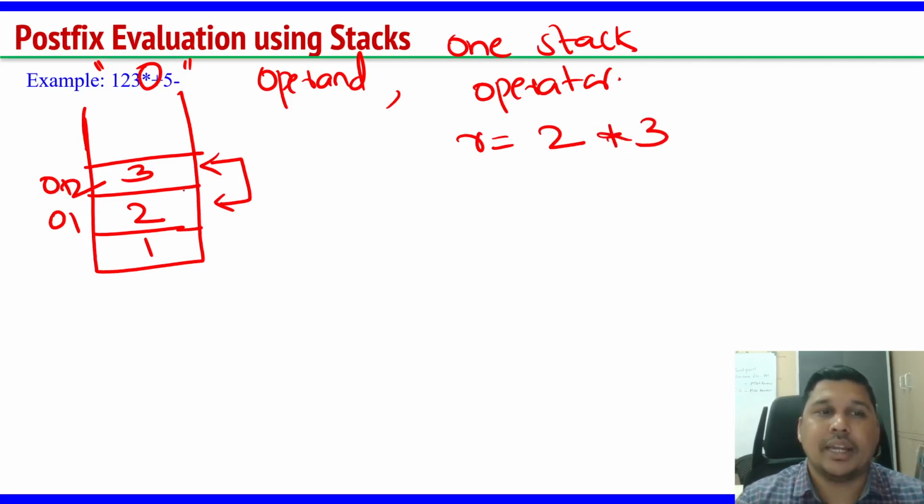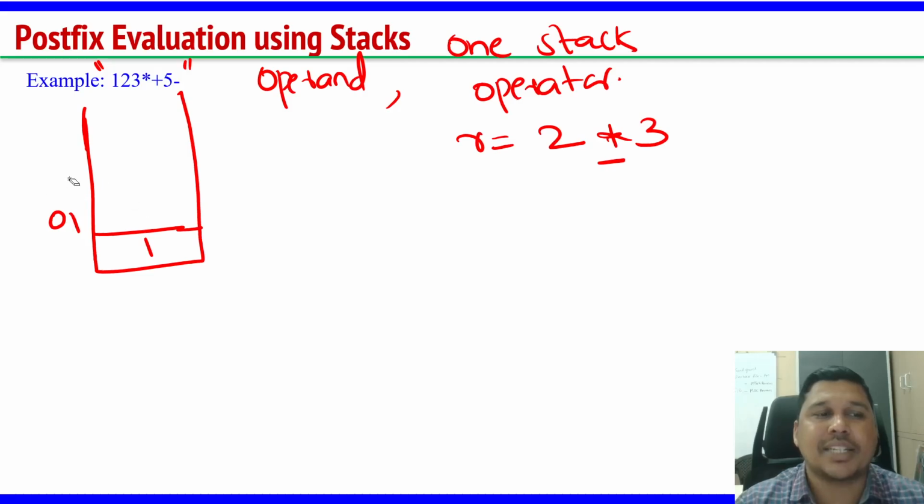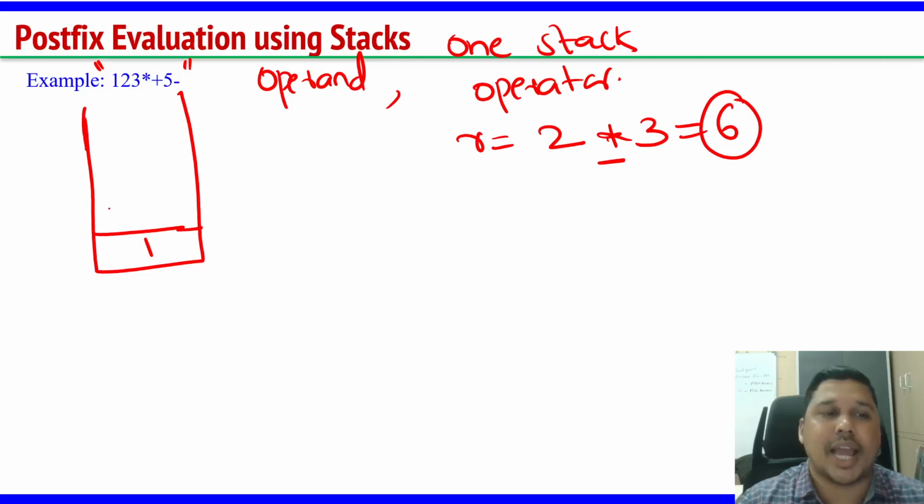Whenever you encounter an operator, remove the top 2 elements from the stack and apply that operator. So I have to pop 2 elements. After popping, I have only 1 element left. Whatever result you got, you push it onto the stack again. So my stack became like this.